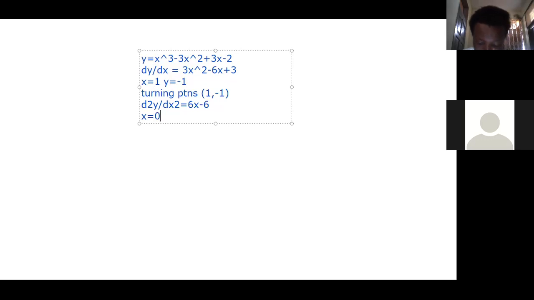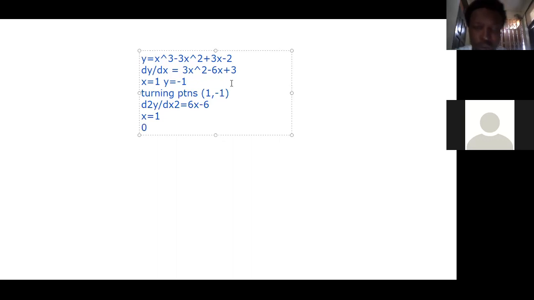We put the x value into the second differential to see whether the point we had is a point of inflection, a maximum or a minimum. If x is equal to 1, what do we get? 0.